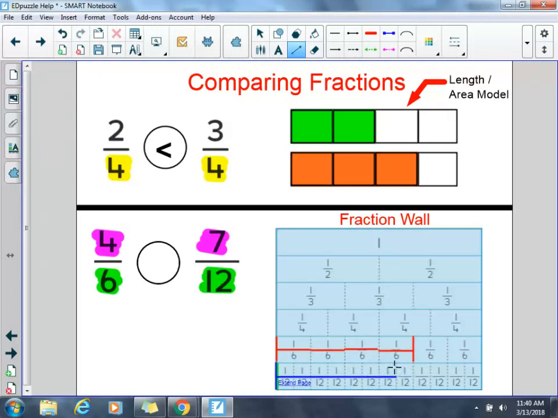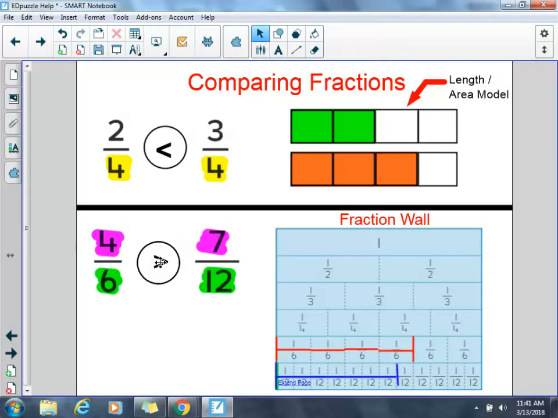So that's where it ends. And I'm going to draw my ending point there, just like on a number line, okay? Which one goes farther, the red or the blue? Yeah, the red pieces go out farther, which means 4/6 goes farther than 7/12. So that means 4/6 must be greater than 7/12.